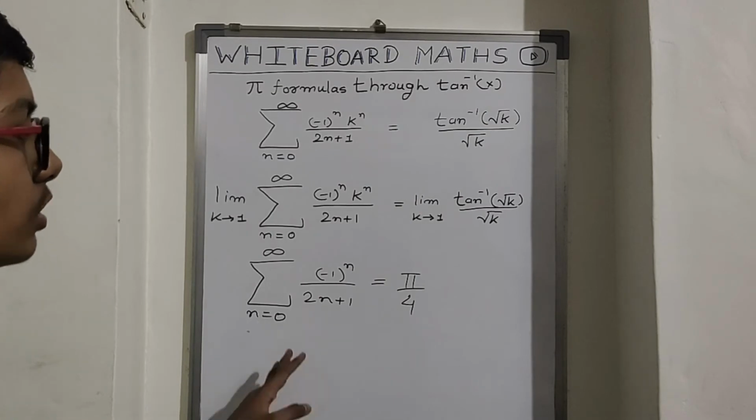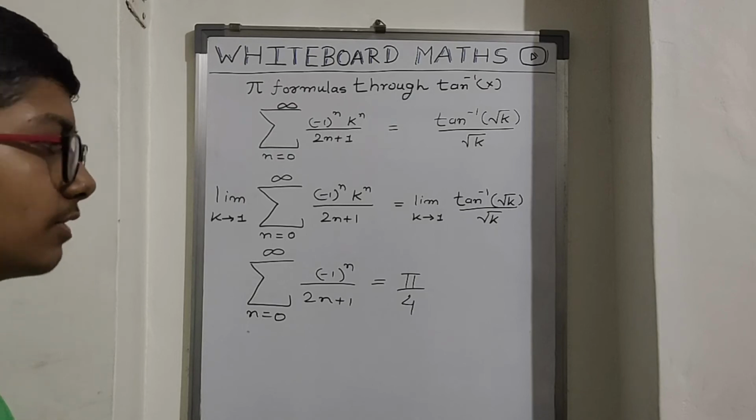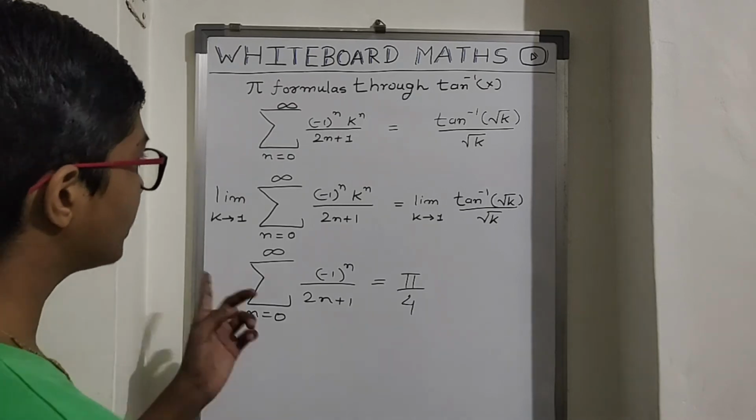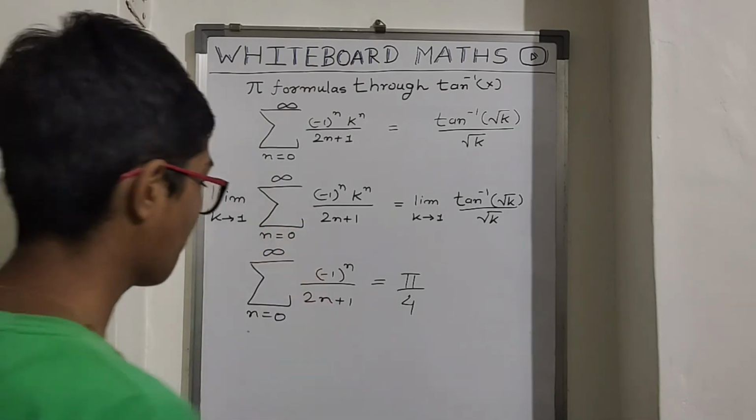But we are going to derive a second series which is not quite as famous. So we are now going to put k equal to 1/3.